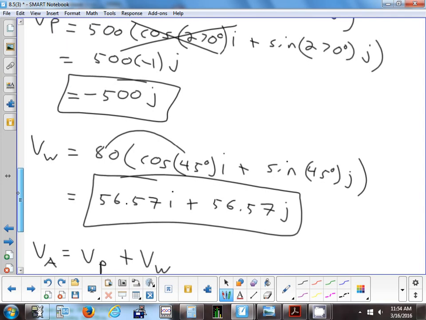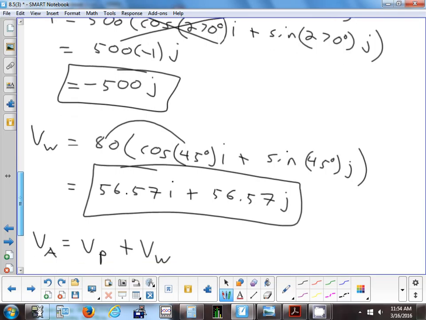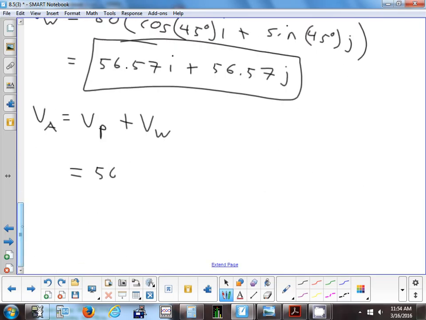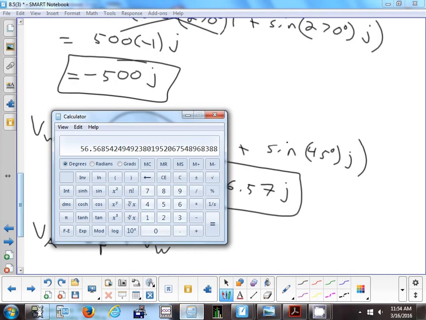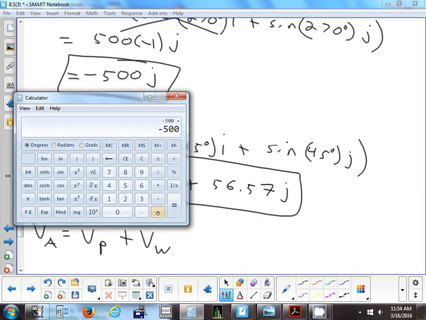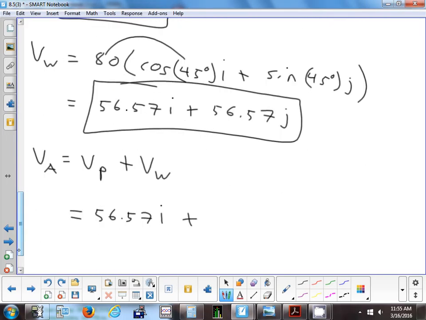Do we have an i component in v sub p? No. So it's just 56.57 i plus, yeah, we got a j component, -500 plus 56.57 j, which is -443.43. So let's make that minus.